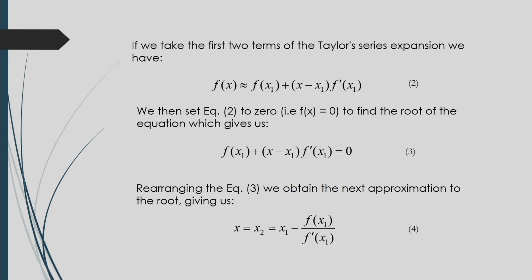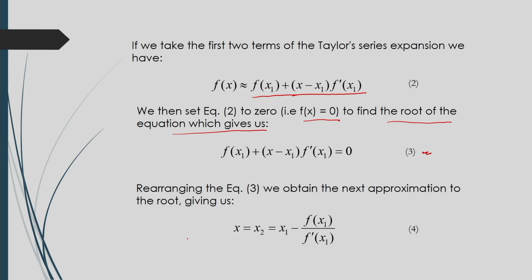After that, if we take the first two terms of the Taylor series expansion, then we have f of x equals f of x1 plus x minus x1 into f dash x1. Now, we set equation 2 to 0, that is f of x equals 0, to find the root of the equation, which gives us f of x1 plus x minus x1 into f dash x1 equals 0, as shown in equation number 3.